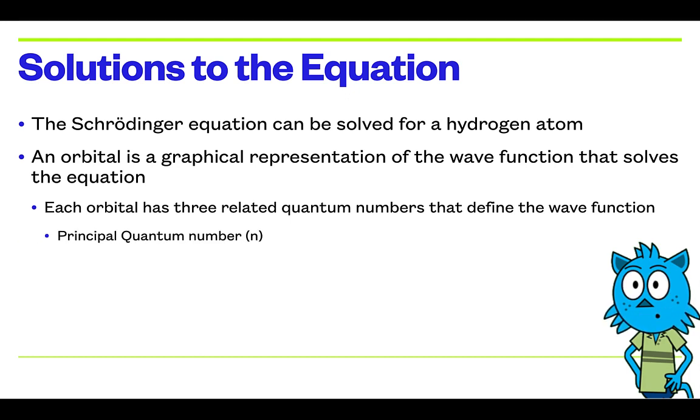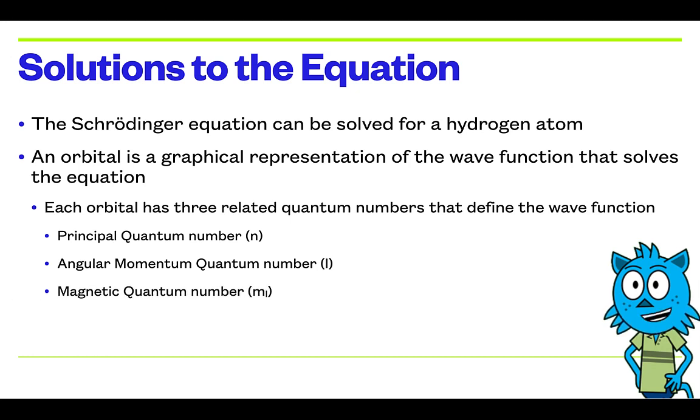We have the principal quantum number, which we designate n. We have the angular momentum quantum number, which we designate L. And we have the magnetic quantum number, m sub L. So those three variables plugged into a particular equation will solve the Schrodinger equation for a hydrogen atom.